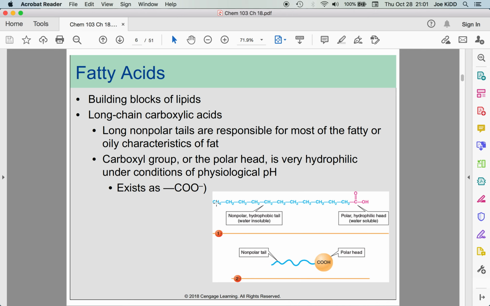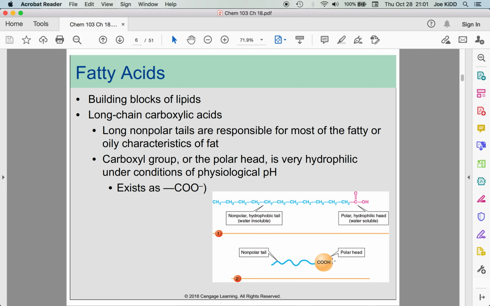Typically, we'll see somewhere between 12 and 25 carbon long tails. So the way we describe a fatty acid is we have a polar hydrophilic head. This is the part of the compound that is water soluble, and then a nonpolar hydrophobic tail.